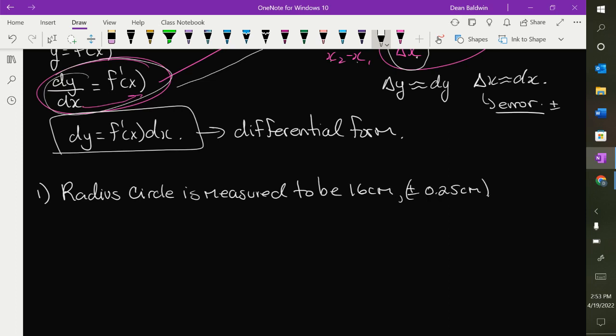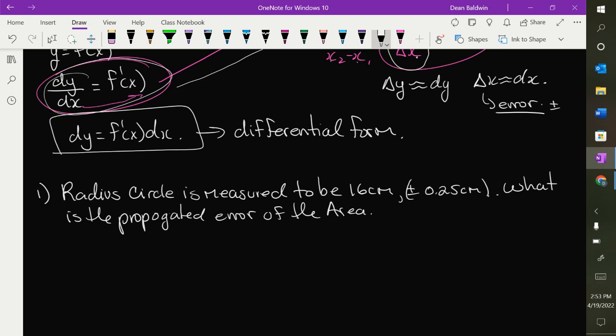Okay, that's your error, because nothing is 100%. What is the propagated error of the area of the circle? All that means is what is the scaled error, I guess.